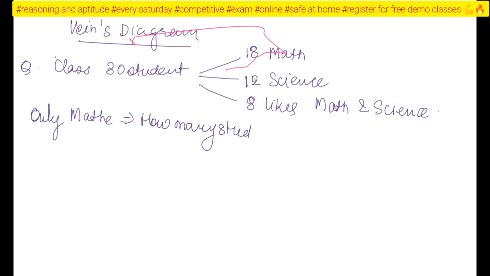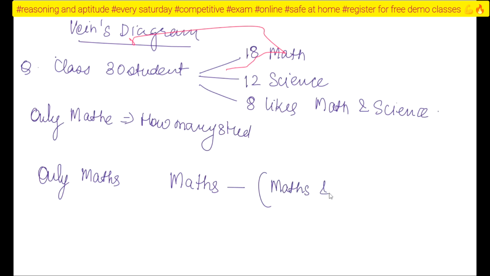So only maths means total maths minus students liking maths and science both. So the answer will be 18 minus 8, so it will be 10 only. Okay, 10 will be my answer. That is the number of students who are liking only maths.